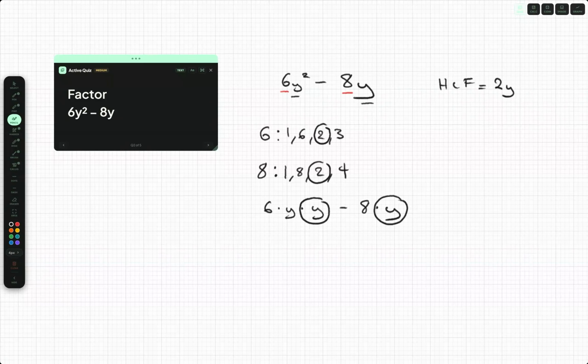So what this looks like now is if we rewrite it, 6y squared minus 8y is equal to, we'll take our HCF, which is 2y, and we're going to divide each term by our latest HCF.